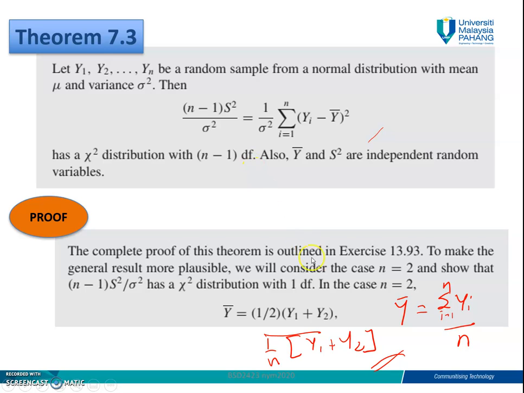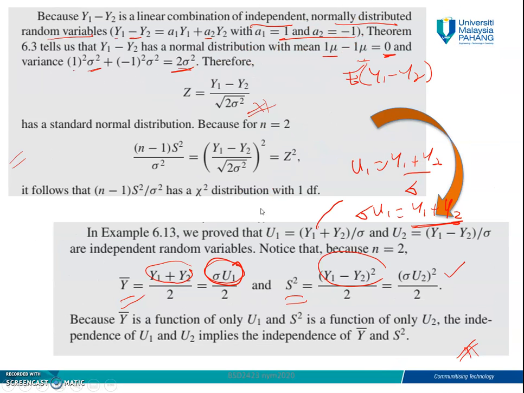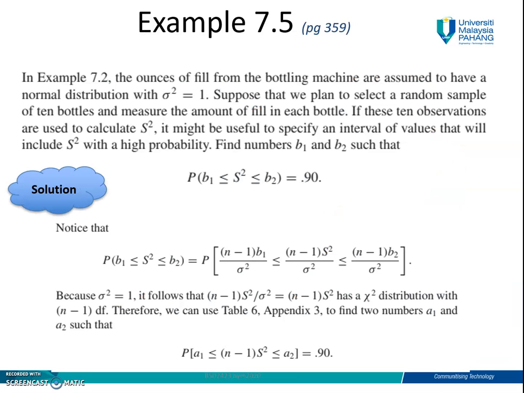That means if you prove here when n equals 2, it becomes a chi-square distribution with 1 degree of freedom. So let's say if you have n equal to 3, 3 minus 1 is what? 2. So this will become a chi-square distribution with 2 degrees of freedom. But we showed you using n equal to 2, so for you to see how it is.